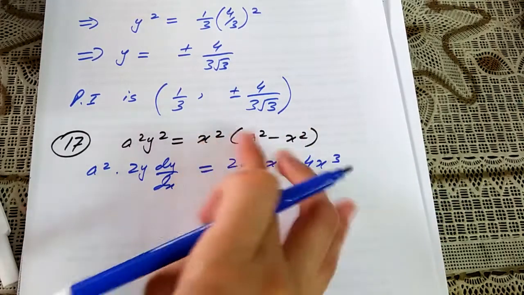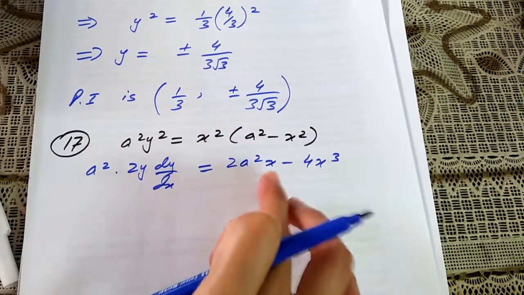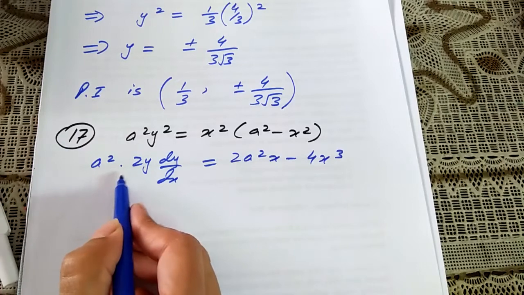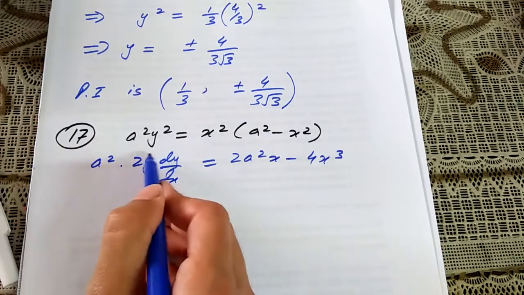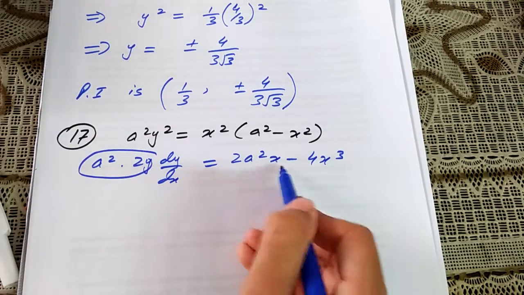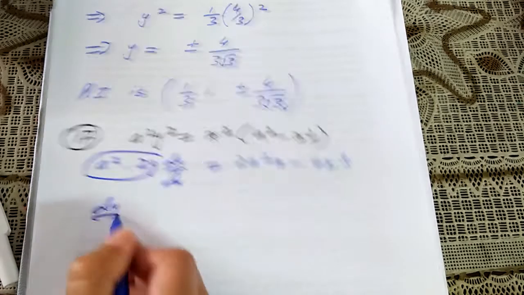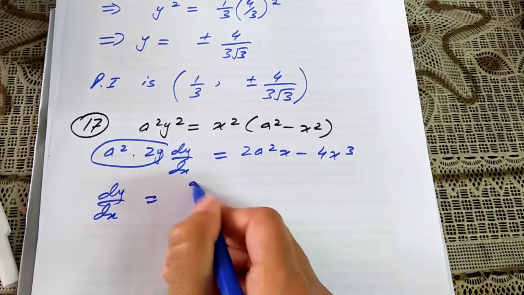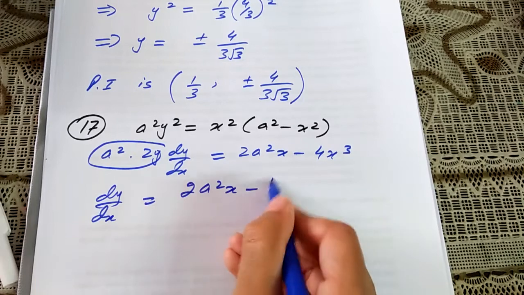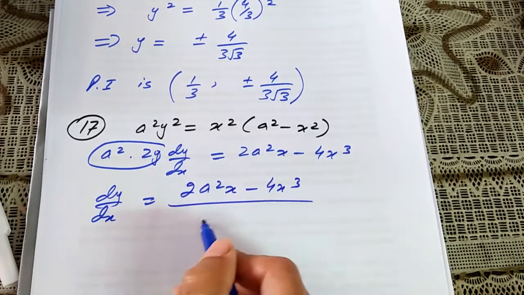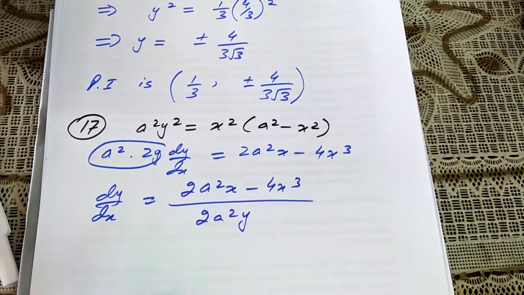You just use the product rule and simplify it. After simplification, I have written the answer. So it will be equal to, now this thing is multiplying here, divide it on the right side. Dy by dx will be equal to 2a square x minus 4x cube divided by 2a square y.